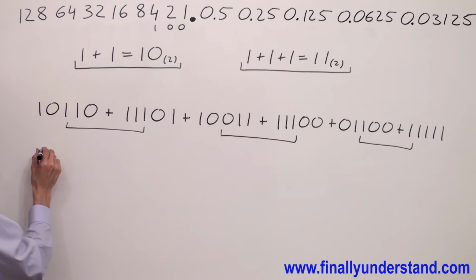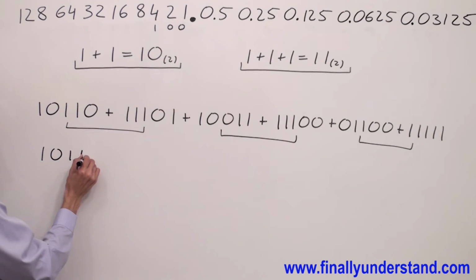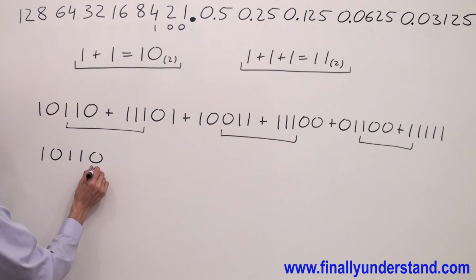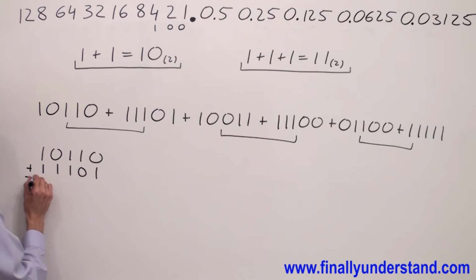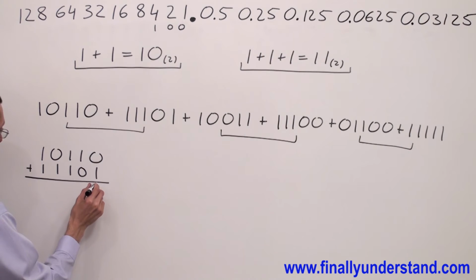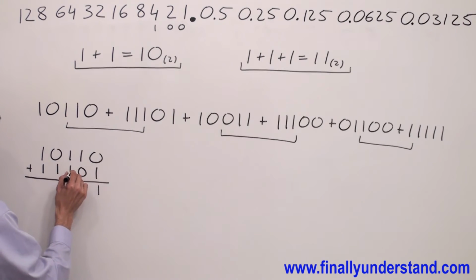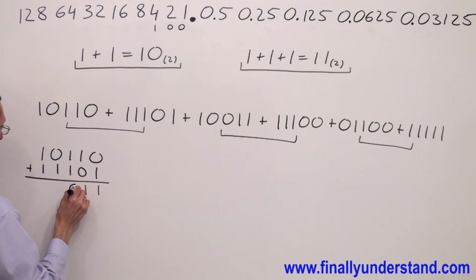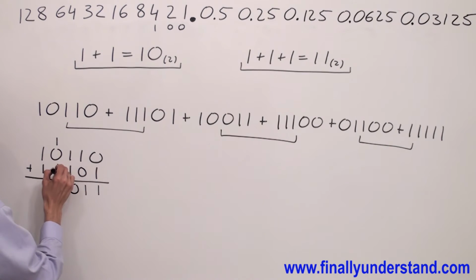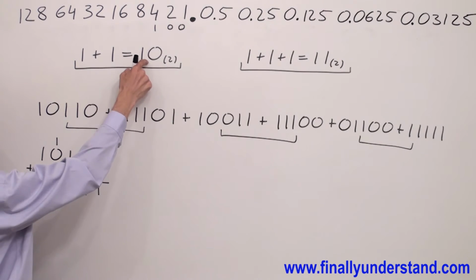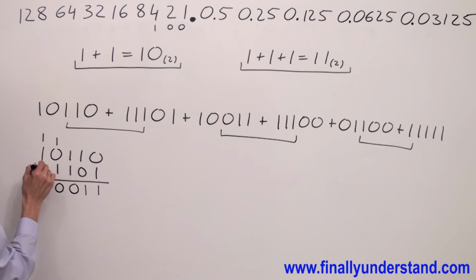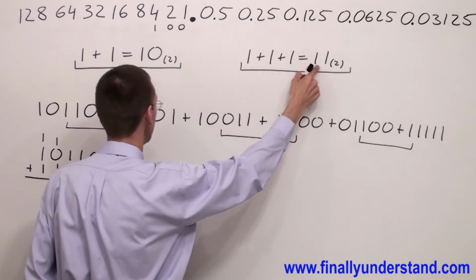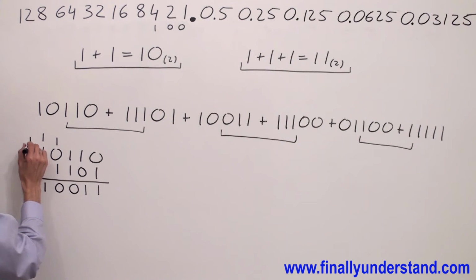I'm going to simply write that this is 1 0 1 1 0 plus 1 0 1 1 1. 0 plus 1 gives me 1. 1 plus 0 gives me 1. 1 plus 1 is 2, that's why I have to write 0 and carry of 1. 1 plus 1 gives me 2, that's why I have to write 0 and carry of 1. 1 plus 1 plus 1 is 3, that's why I have to write 1 and carry of 1.